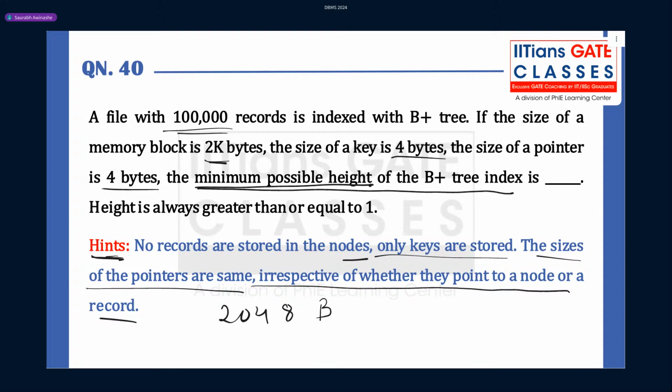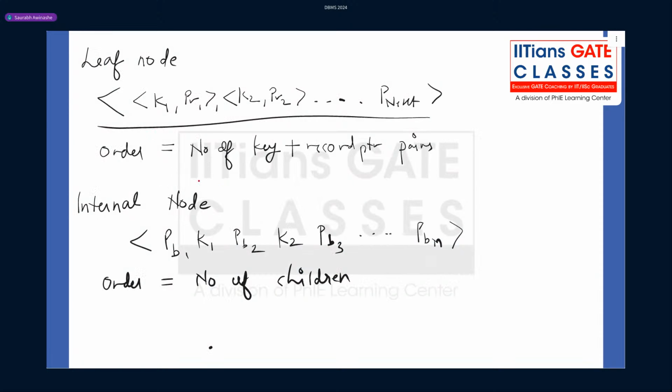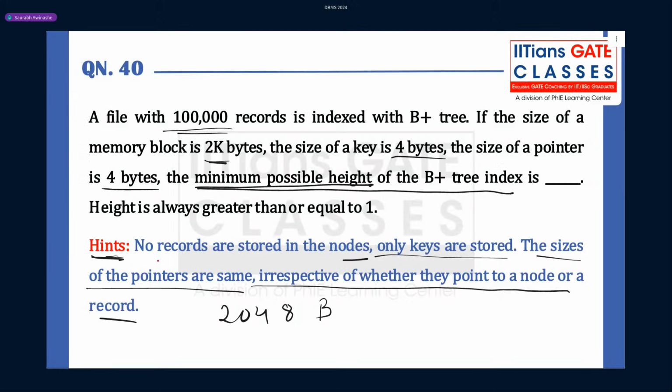So the size depends on how many key and record pointer pairs you're storing in the leaf and how many keys in the internal nodes. We have two goals to minimize the height: maximize the key record pointer pairs in the leaf node, and maximize the block pointers in the internal nodes.